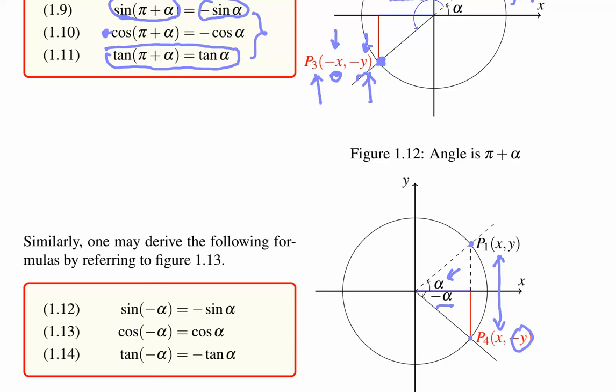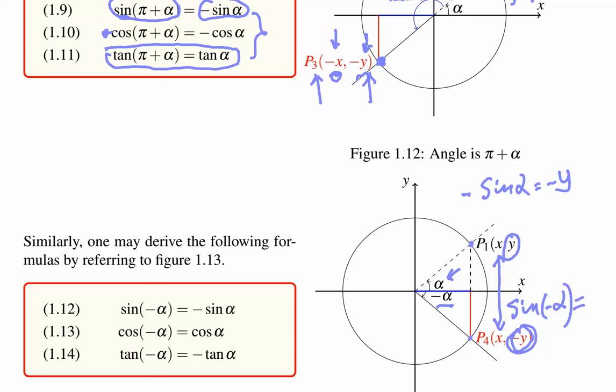This then tells us what? Sine alpha is y. If you put a negative in front of it, you have negative y. Here, negative y is defined as sine of negative alpha.